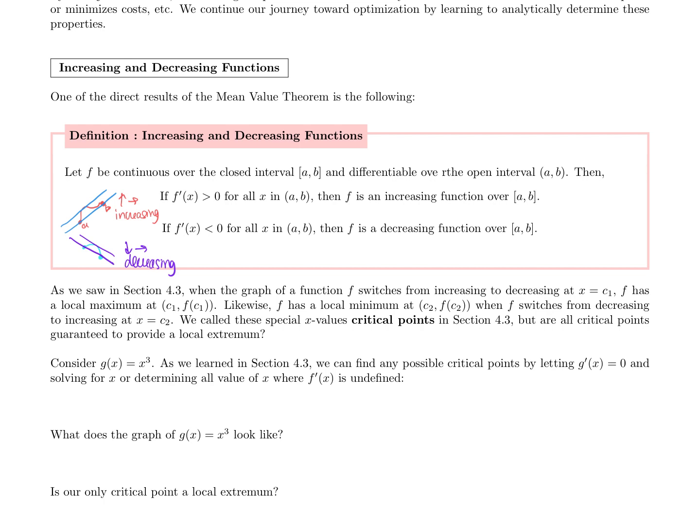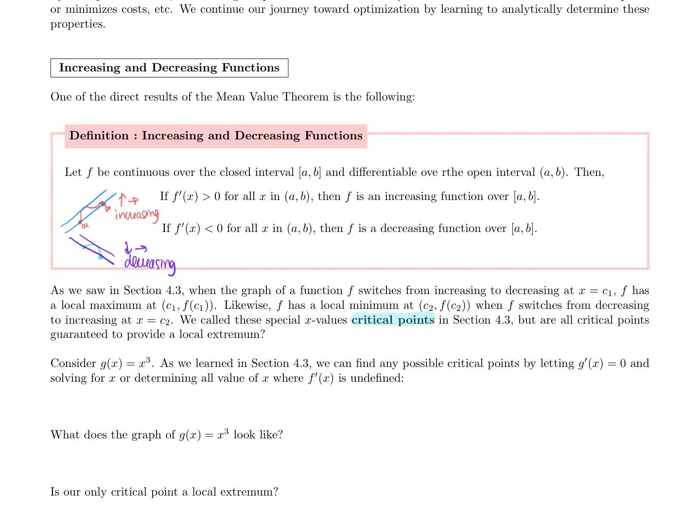We've already talked about critical points, local maxes and mins, and increasing and decreasing in section 4.3. But now we're going to find an analytic approach to find them. So are all of our critical points guaranteed to provide us with a local extremum?